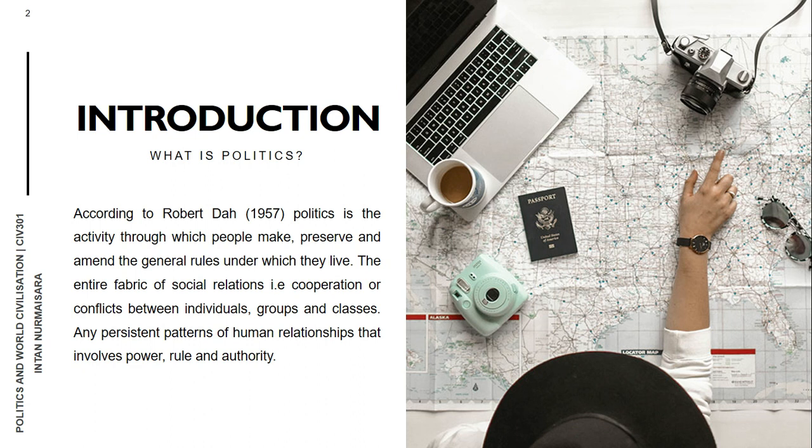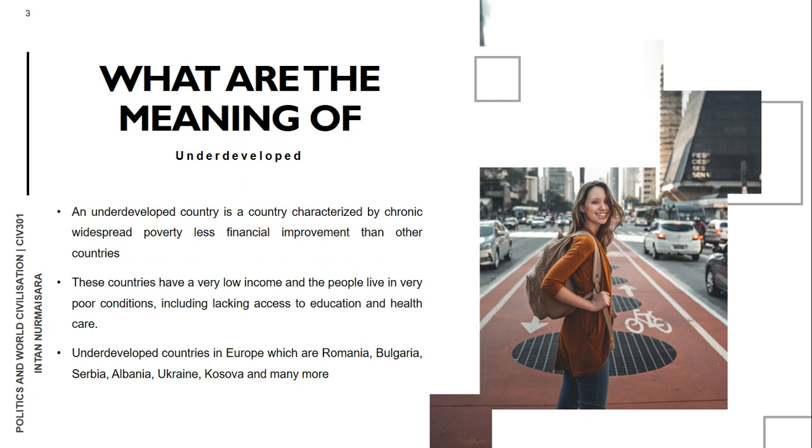Based on our assignment, we are required to select 3 countries in Europe that are underdeveloped, developing, and developed. Next, what is the meaning of underdeveloped, developing, and advanced countries? Number 1. Underdeveloped. It is a country characterized by chronic widespread poverty, less financial improvement than other countries.